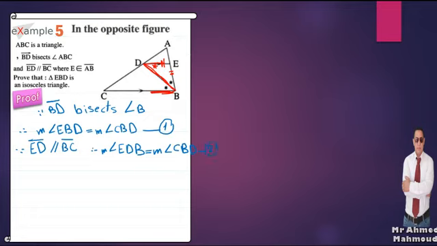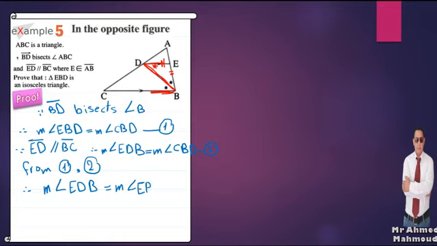Okay, from 1 and 2, therefore measure of angle EDB equals measure of angle EBD, therefore triangle EBD is an isosceles triangle.